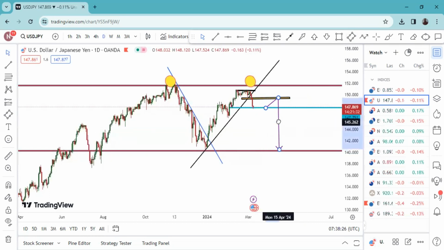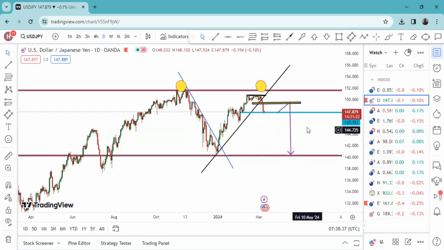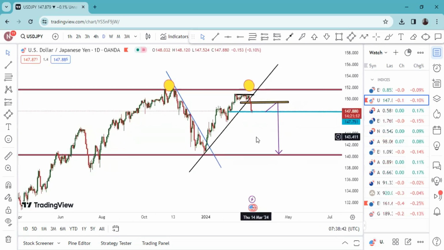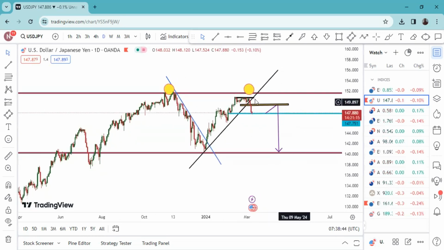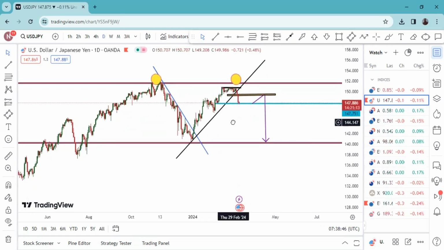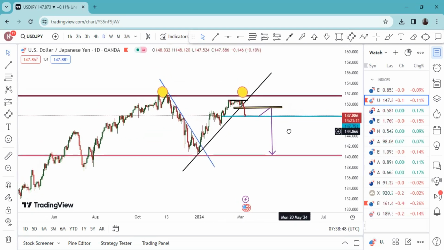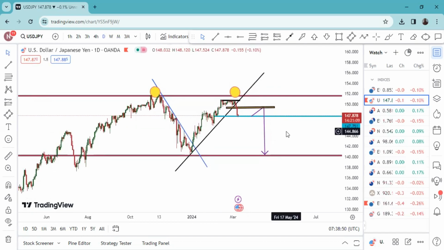Or if the market can still tank, the market can still sell maybe around somewhere around here, then I will just measure a 50 to 60% pullback, then I will take the trade to the downside. That's what I'm expecting on this pair. For now, I don't have much to say on this pair. Let's wait and see if the market will form itself.